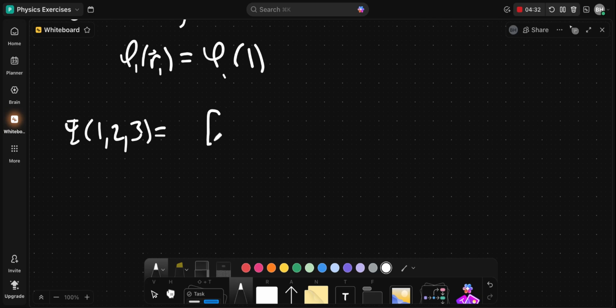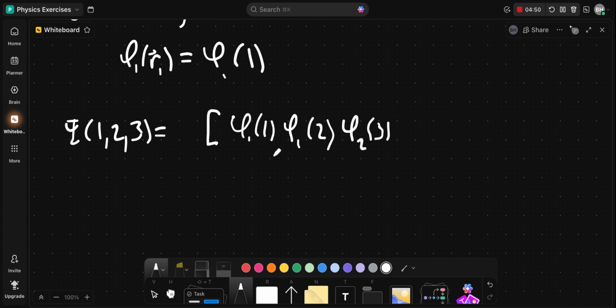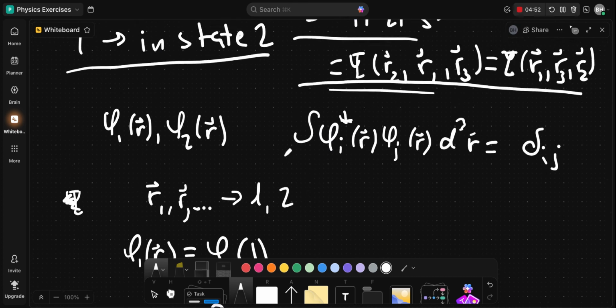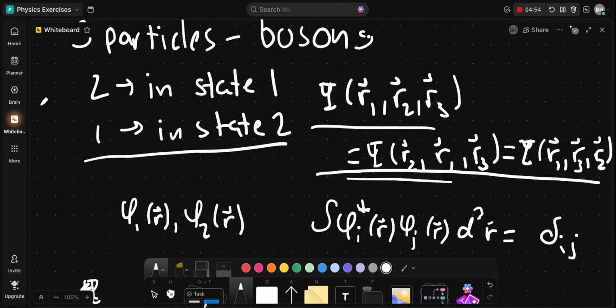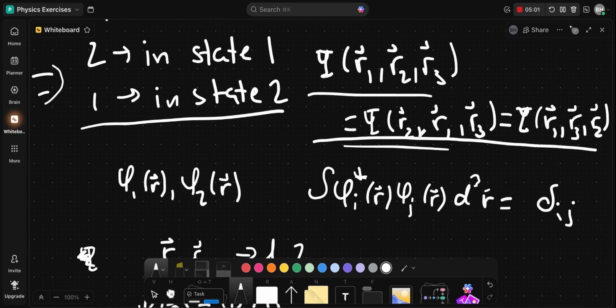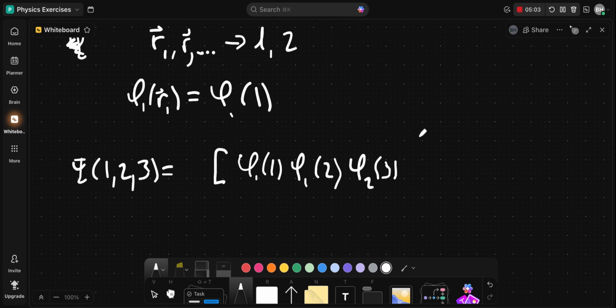You know that it has to be a product function of the orbitals. If I just write a simple product, particle 1 in state 1, particle 2 in state 1, and particle 3 in state 2, that certainly satisfies the definition of our wave function, but it doesn't satisfy the symmetry condition. These are bosons, so the wave function has to be symmetric.